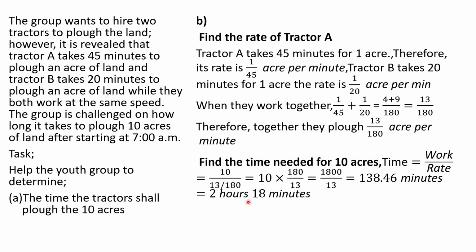So we shall have 10 divided by 13 out of 180. But we have to do reciprocal after putting the multiplication sign. And then we finally get 10 times 180 divided by 13, giving us 1,800 divided by 13.